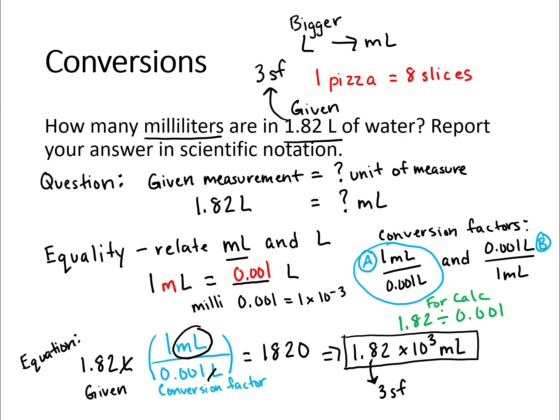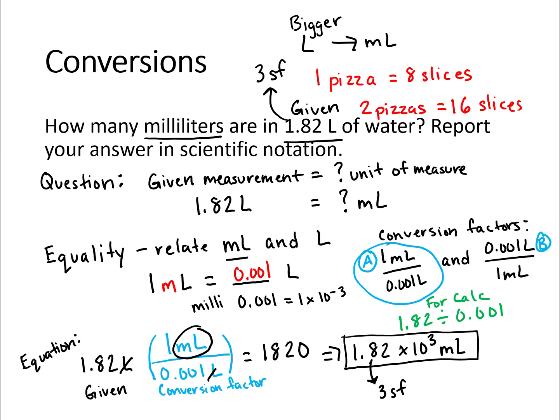A slice, much smaller. So if I've got 2 pizzas and I have to figure out how many slices that is, it's going to be a number that's bigger than 2 because a slice is only an eighth of a pizza. I've got 16 slices here.